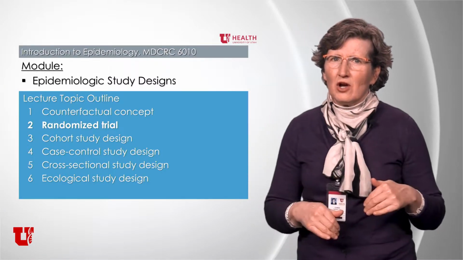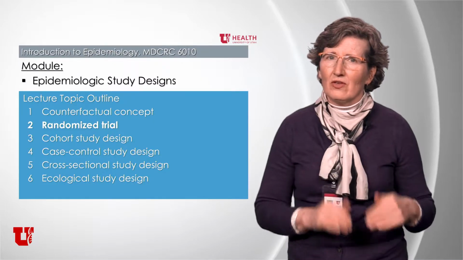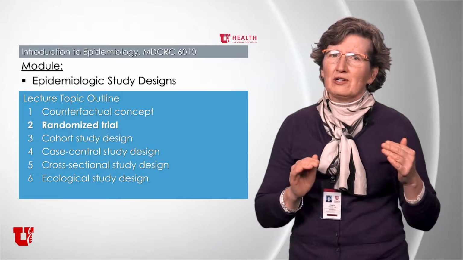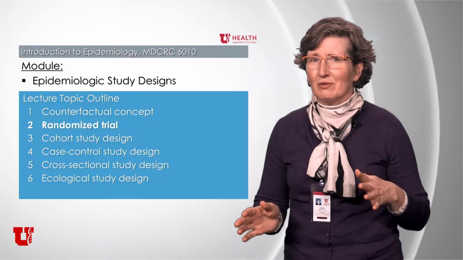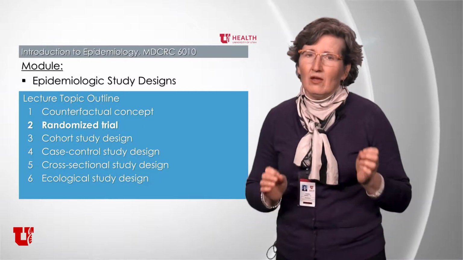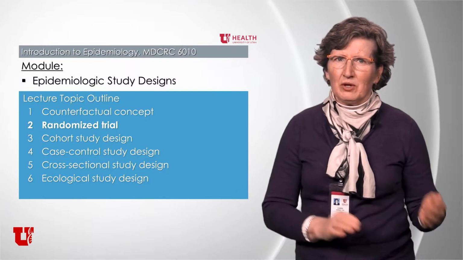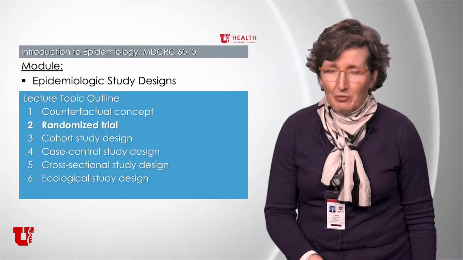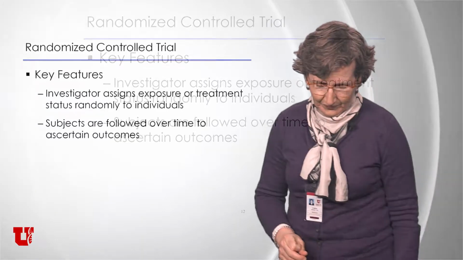So we're going to talk a little bit right now about what a randomized trial is, and then in the other segments for this module, we're going to talk about the other study designs and think about how they deviate from a randomized trial, how they do not achieve what a randomized trial can achieve. So really we're starting with randomized trials as kind of an ideal, and then we'll talk about the others as approximations of that better approach.